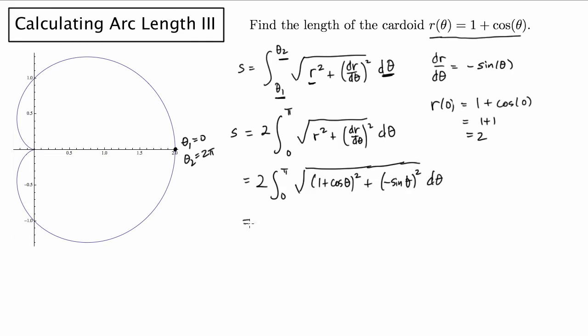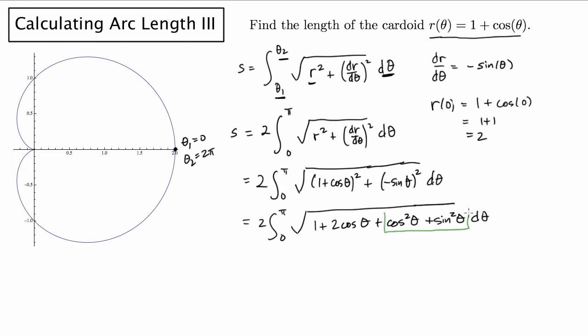Well, if we do a little bit of work here, we can mess around with some things underneath the radical. If we expand everything out, this will give us 1 plus 2 cosine theta plus cosine squared theta, and we're sort of lucky here. The minus sine theta becomes a sine squared theta, and you should immediately recognize what you would want to try to do next, and that's to take this quantity, cosine squared plus sine squared, and set it equal to 1.